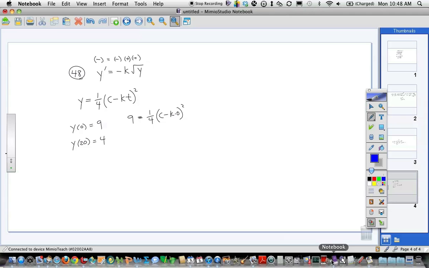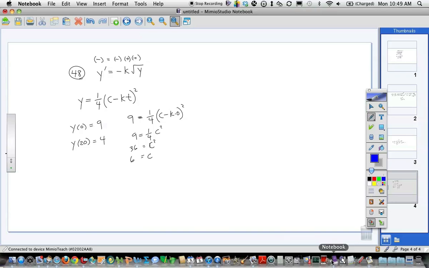Sometimes what happens here is you end up with 2 equations with 2 unknowns. You have to solve one of them. If we'd had an equation here that had c and k both in it, we'd have to solve one for c, plug it into the other one, and get it that way. But this is going to work out nice. So we're going to get 1/4 c squared. We're going to multiply the 4 over there, get 36. We're getting c equals 6.